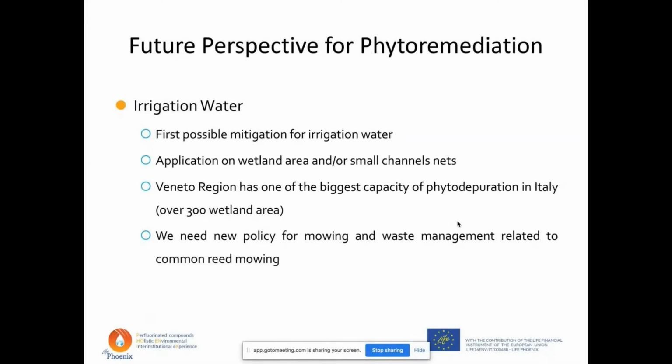So this could be a possible mitigation technique for this activity. It could be applied not only on wetland areas, like the classic wetland areas such as Cadimezzo, but also to the whole network of small channels within the project area, because all these channels are full of common reed and could be treated like a small wetland area.